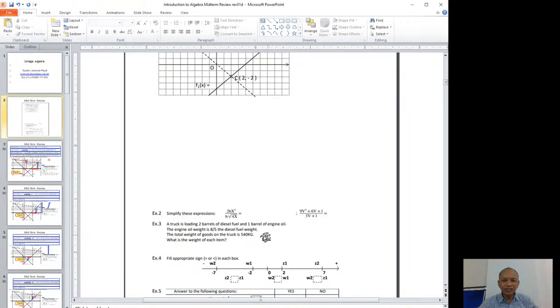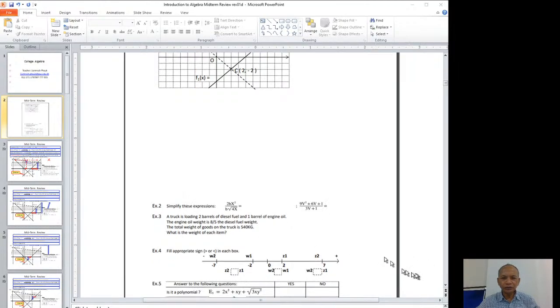After that, when everything is correctly translated, you can start to solve the problem.